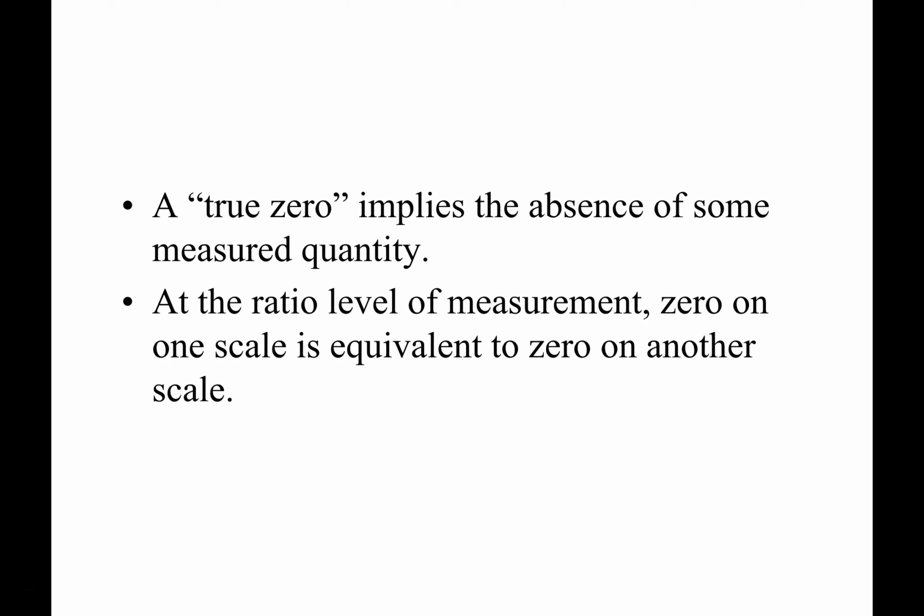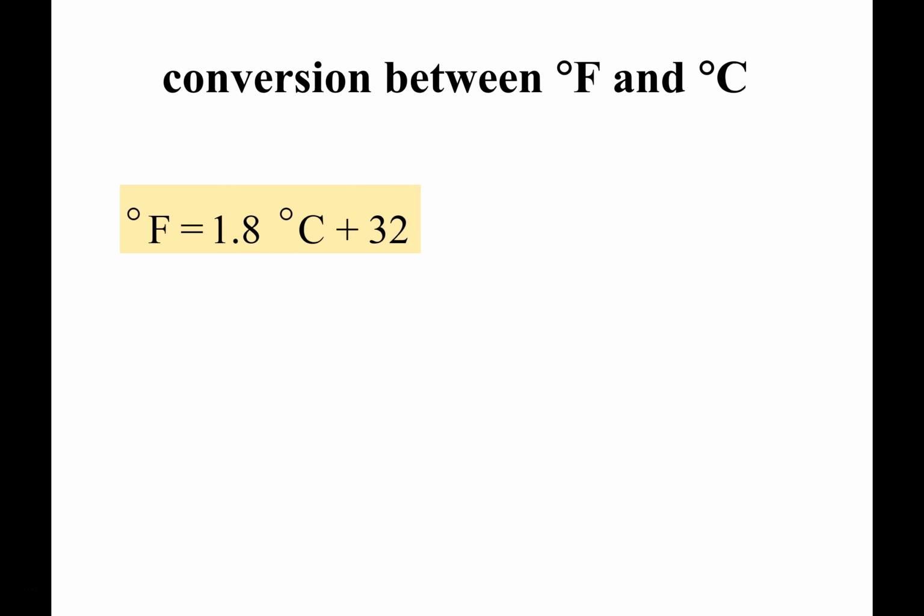So if you stay in chemistry, one of the things we're going to see, especially in chemistry, is that we end up using Kelvin units instead of Celsius or Fahrenheit in our factor label problems. Well, it depends.